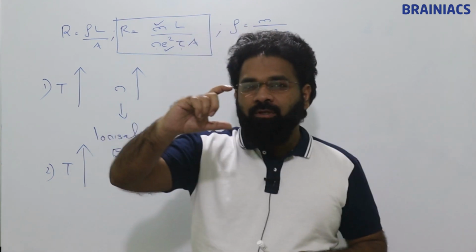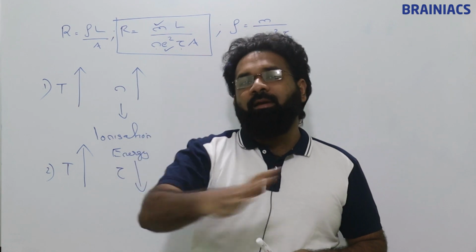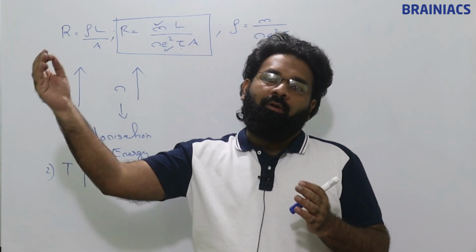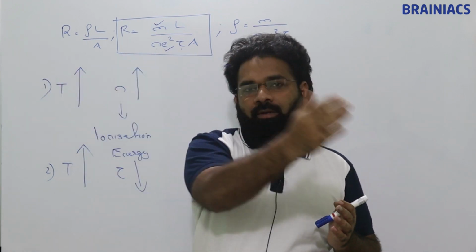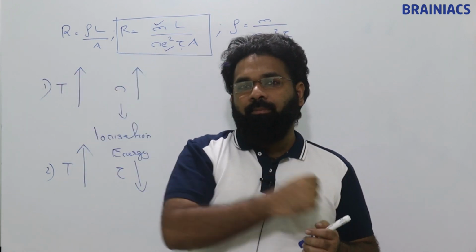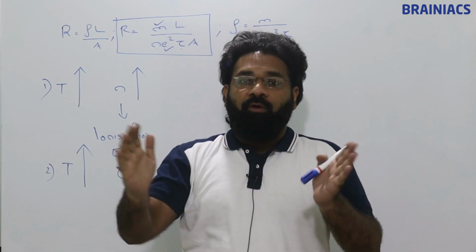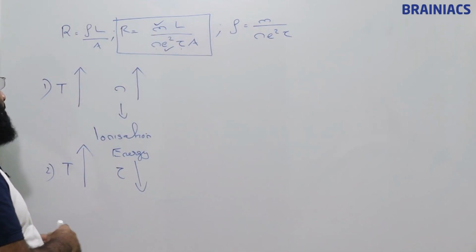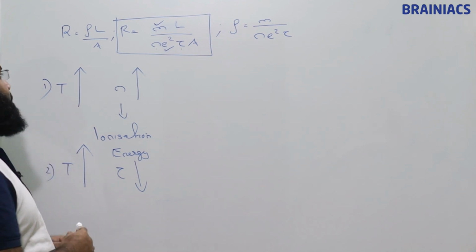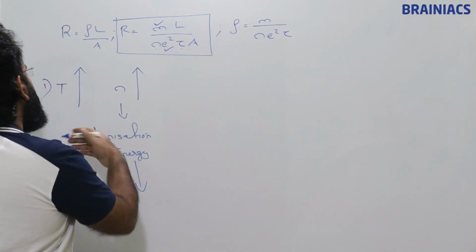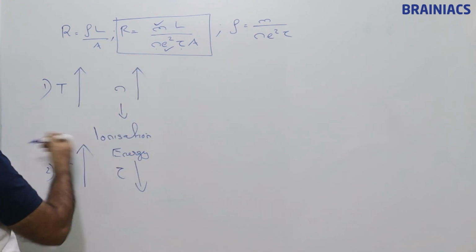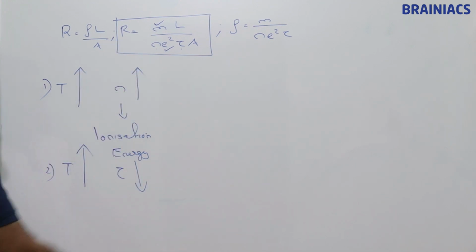So the time between two collisions will decrease. Previously after colliding with one particle, it would go and collide with another particle. But now, it will be very fast. So the average relaxation time will come down. Clear? So when you increase the temperature, number of electrons will increase, and the average relaxation time will decrease.